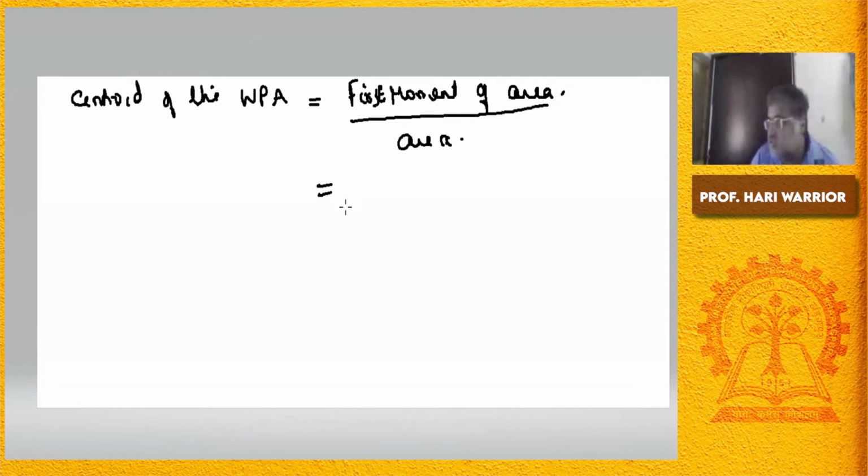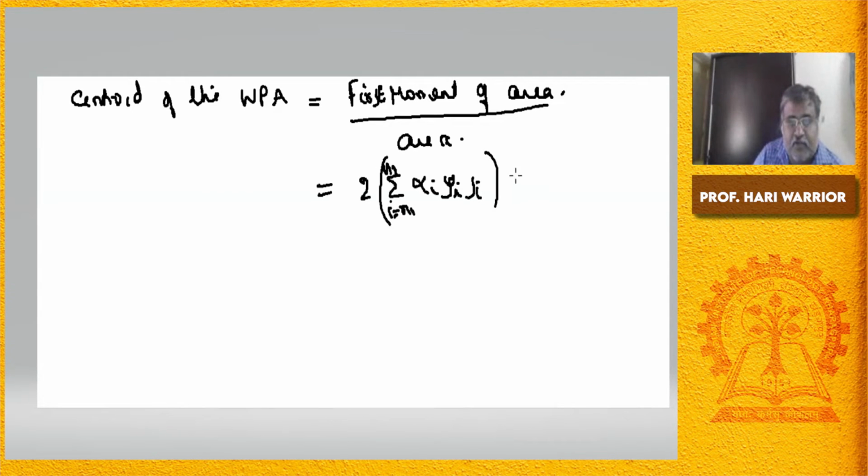which is equal to, what did we get last time? We got it as 2 into sigma I equals n1 to n2 alpha I yi ji delta L squared, divided by the area. What is the area?